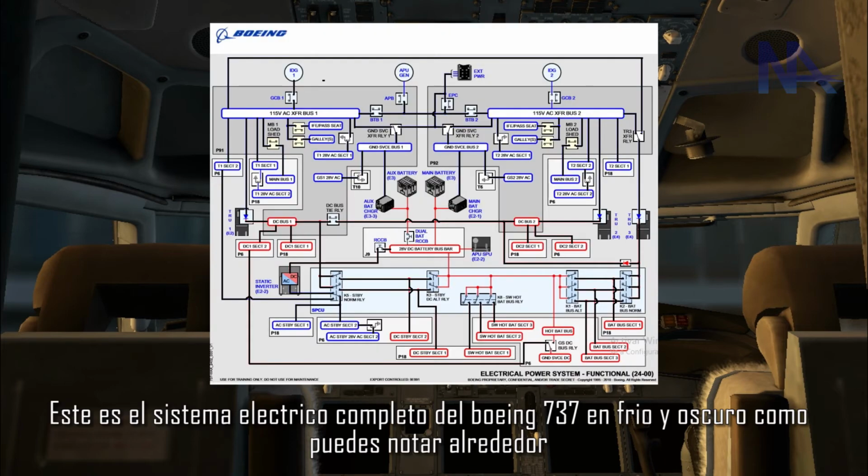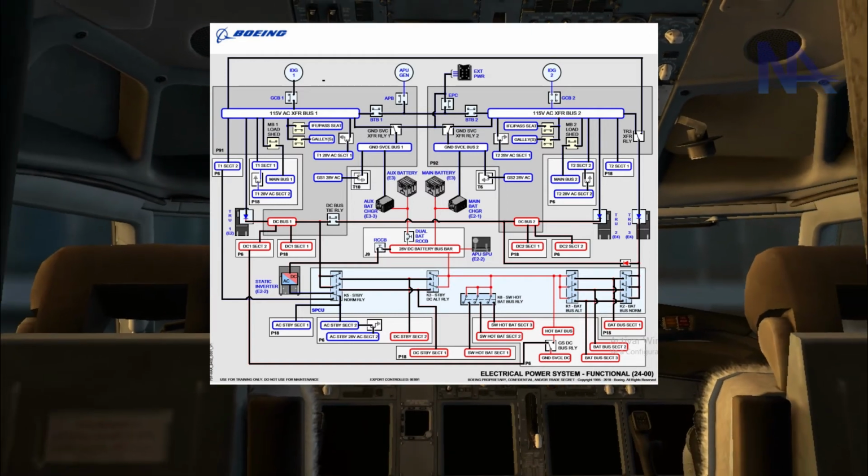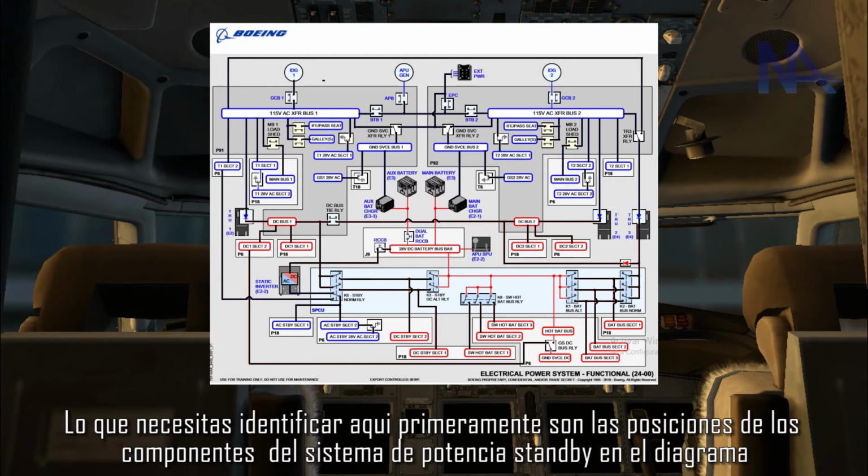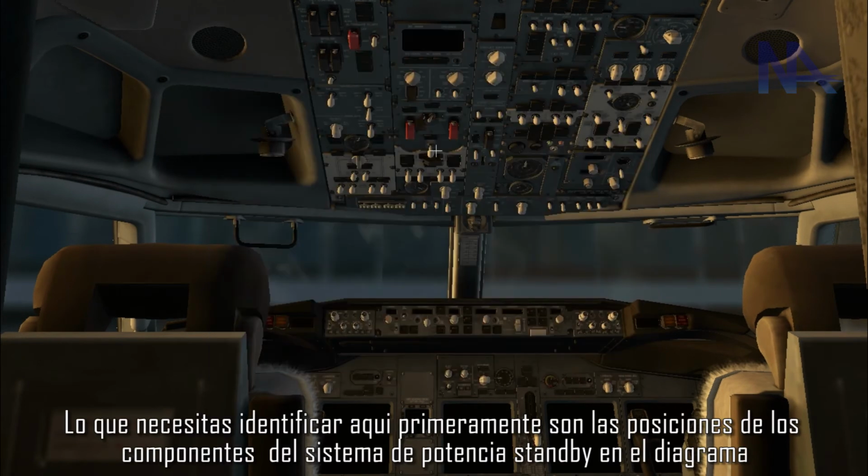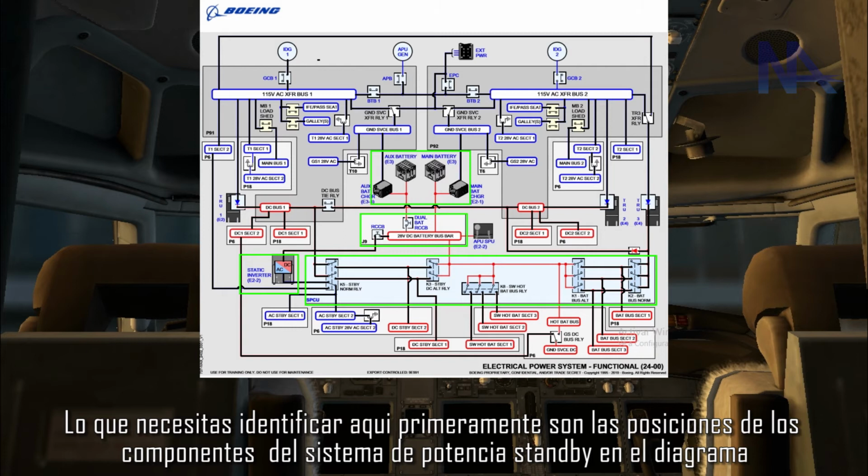This is the entire electrical system of the Boeing 737 in cold and dark, as you can notice. What you need to identify here firstly is the position of the standby power system's components in the diagram.